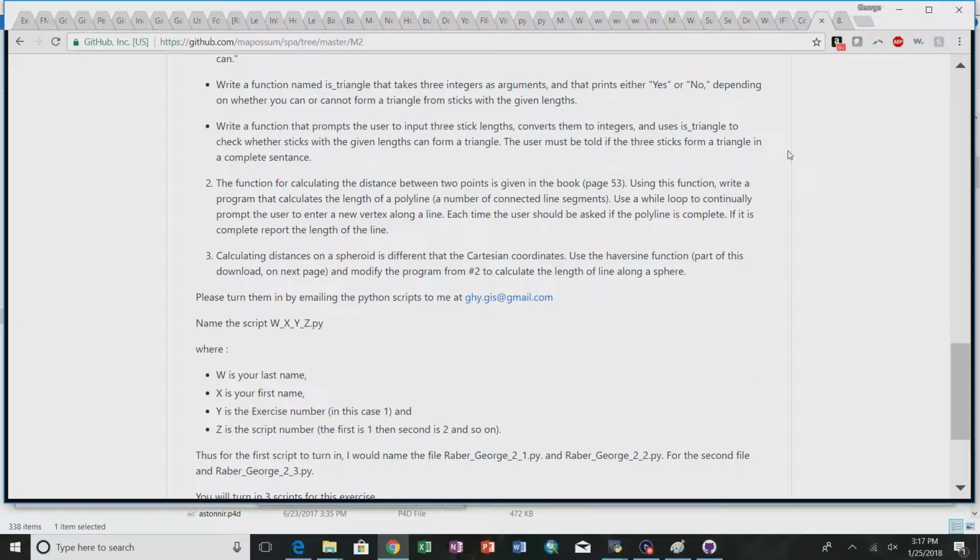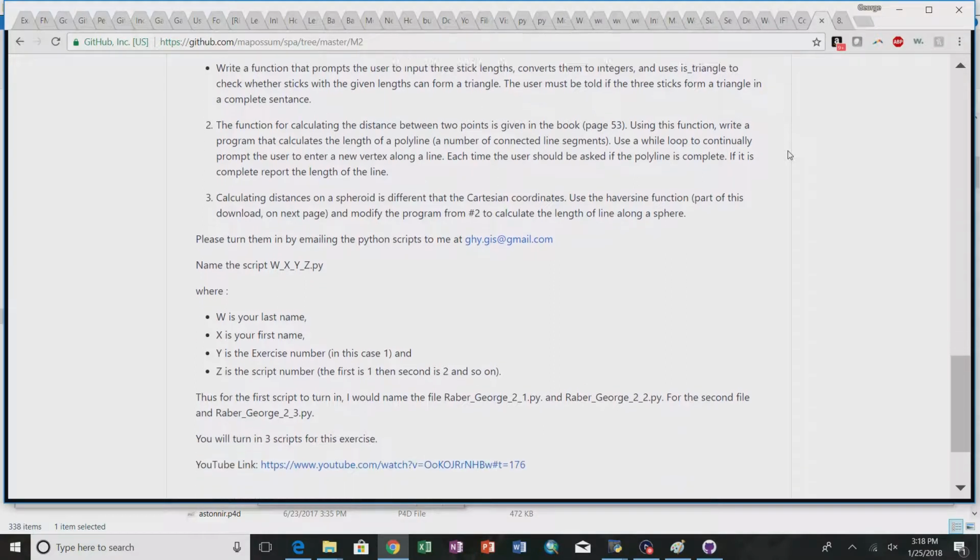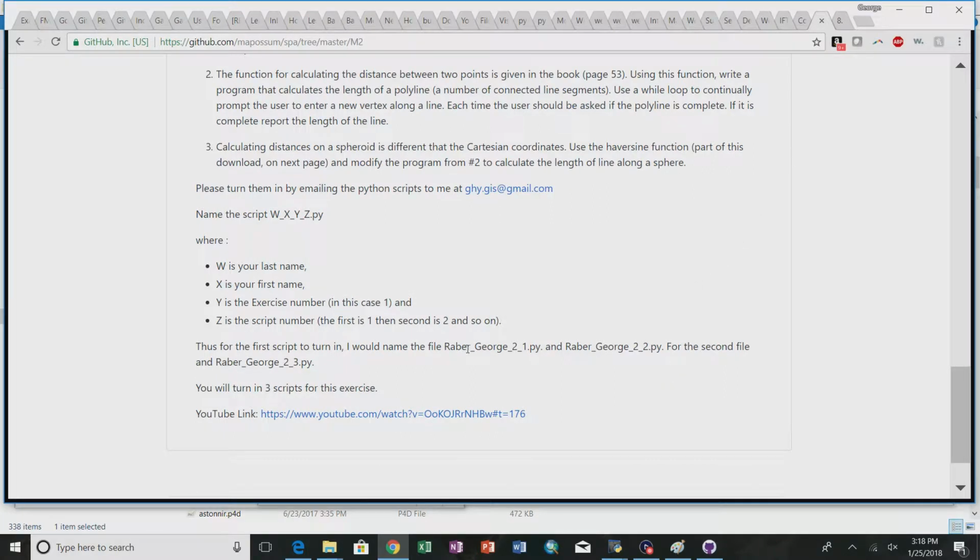So: Rayber, George, 2, underscore, the script number. So you'll have 1, 2, and 3. That's going to be the name of your first script, your second script, and your third script. So you have 3 scripts, you'll zip them together and submit them on Canvas. That's what you'll turn in.